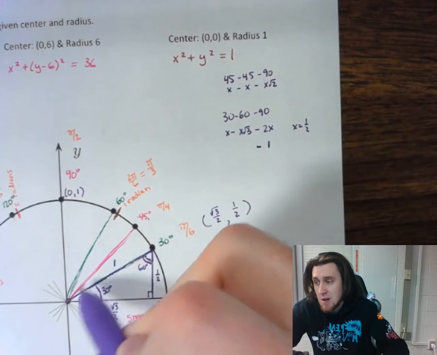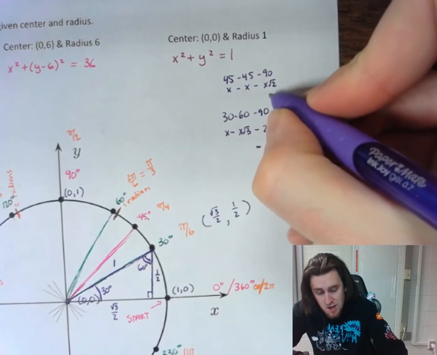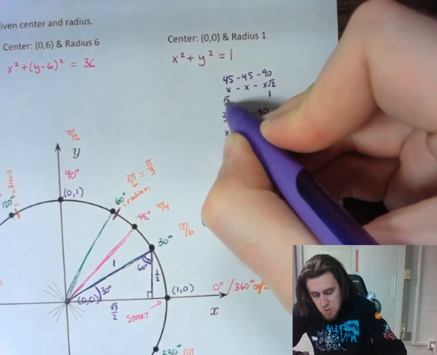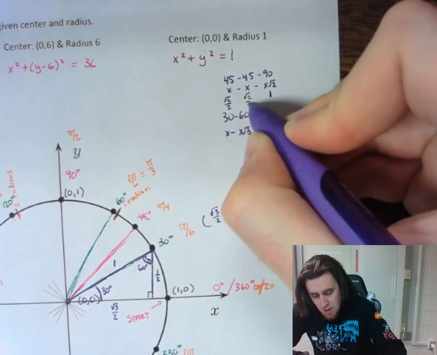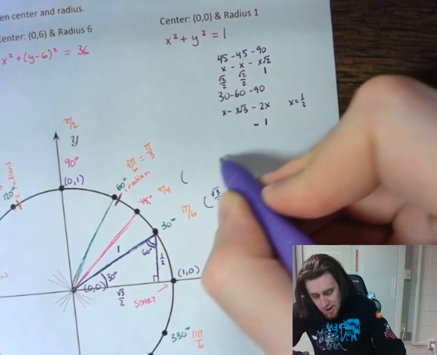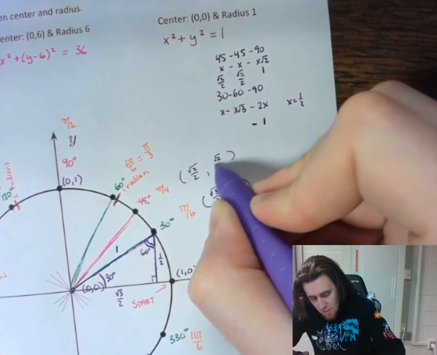And again, we know that the hypotenuse of a triangle that's drawn there is going to be 1, which means the other sides are going to be root 2 over 2. So the x and y values for this point are the same, and they're both root 2 over 2.